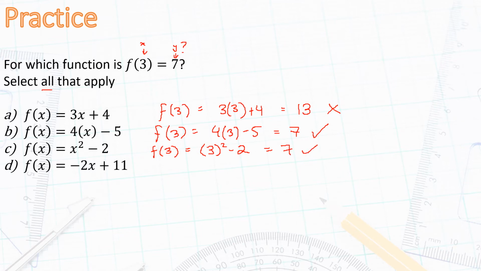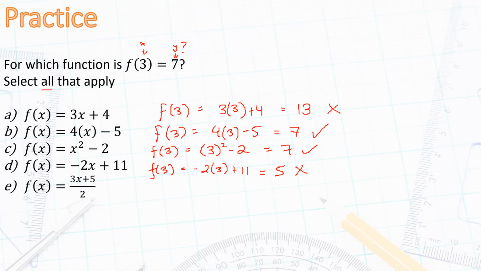And then the last one, f of 3, we've got minus 2 times 3 plus 11. Minus 2 times 3 is minus 6. And minus 6 plus 11 is positive 5, which is not equal to 7. So B and C were our answers.